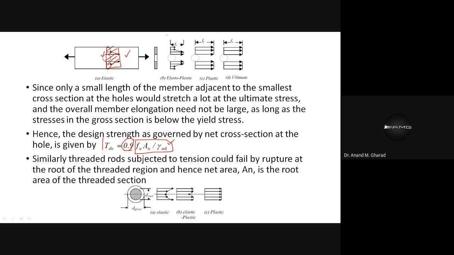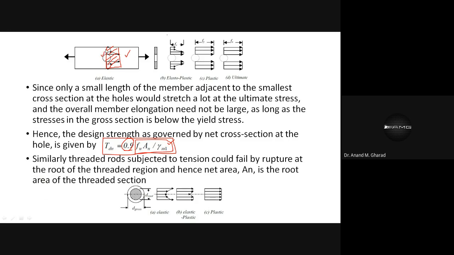So the net rupture capacity, or what we call the design rupture capacity, is represented by this formulation. This is just an explanation. You are supposed to consider this formula when you are solving any numerical, but the background is this.